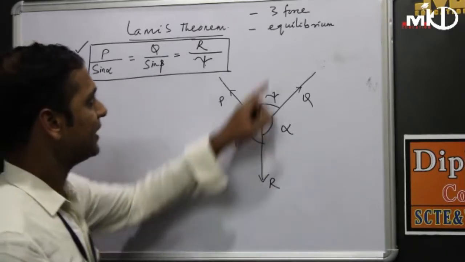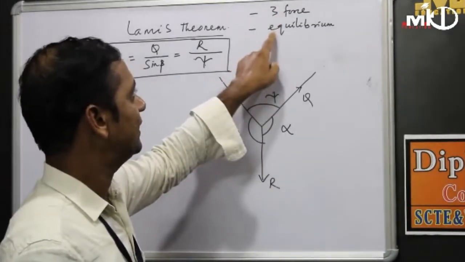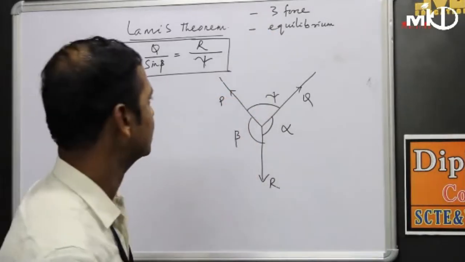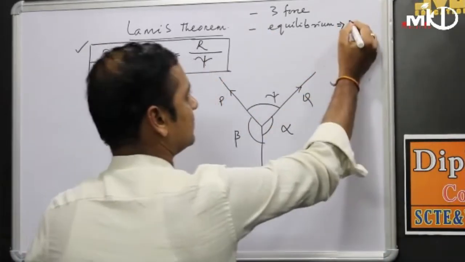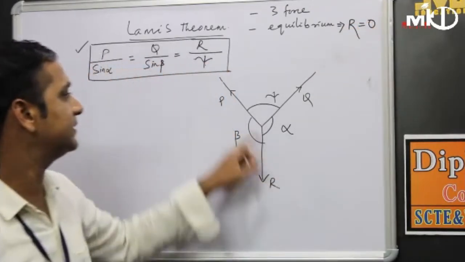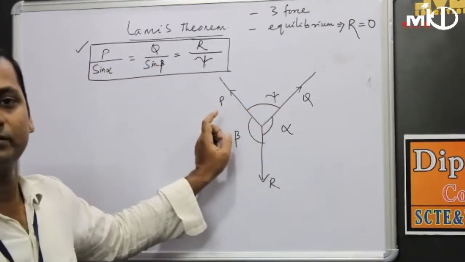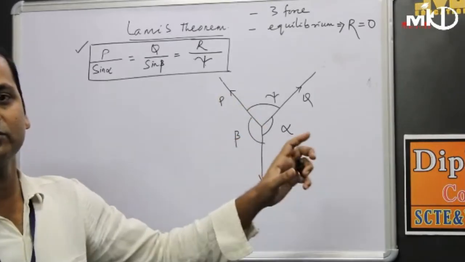As the condition is that the body is acted upon by three forces and is in equilibrium, from the concept of equilibrium we know that the net force, or the resultant, must be equal to 0. If three forces are applied on a body and the body is in equilibrium, the magnitude of the net force must be 0.